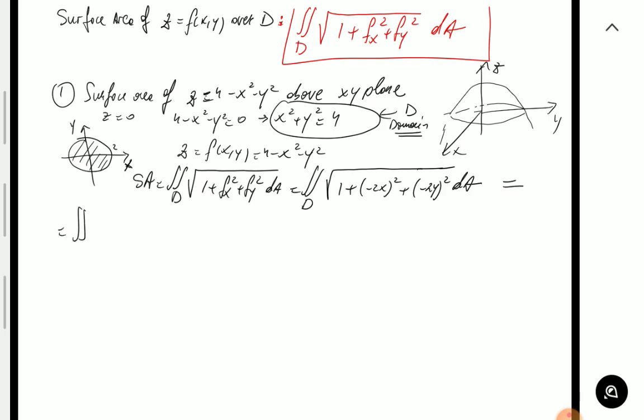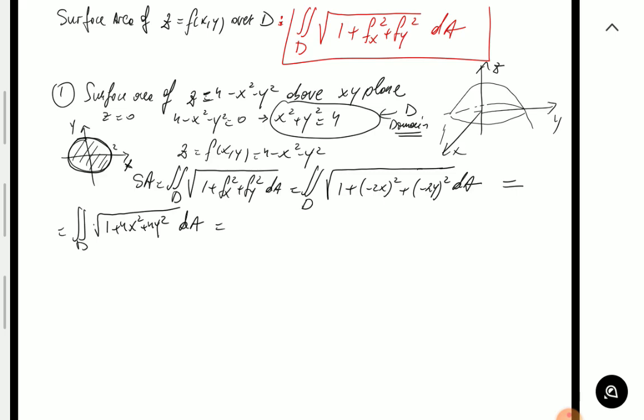And by the look of it, it's pretty clear that I'll probably use polar coordinates, right? Because of the shape of the domain and the stuff to integrate, because it involves x squared plus y squared. In polar coordinates, the domain is a full disk.